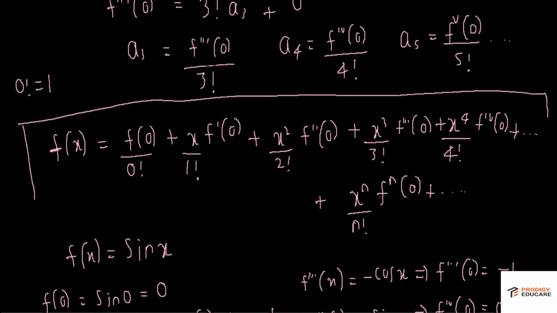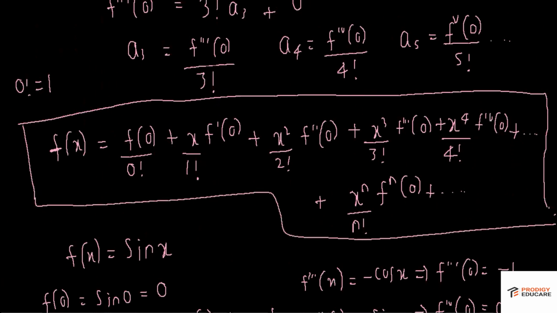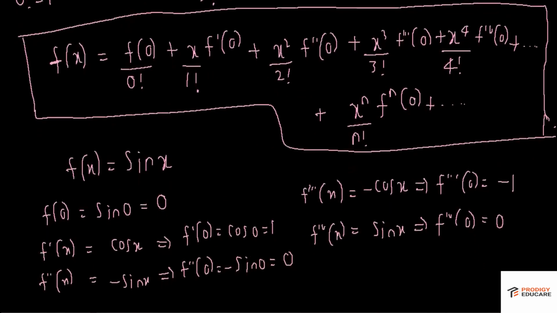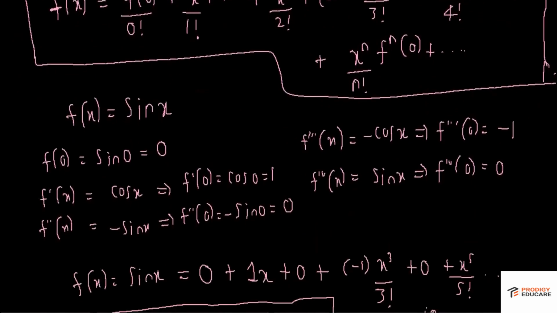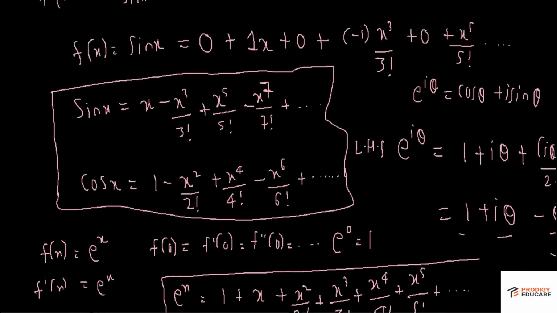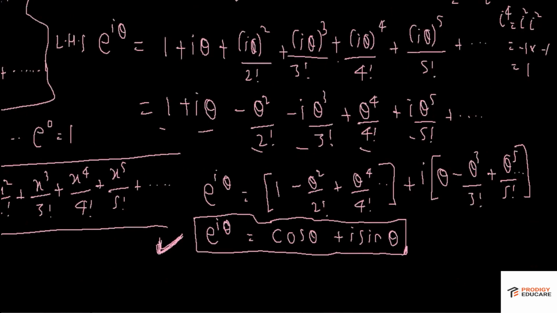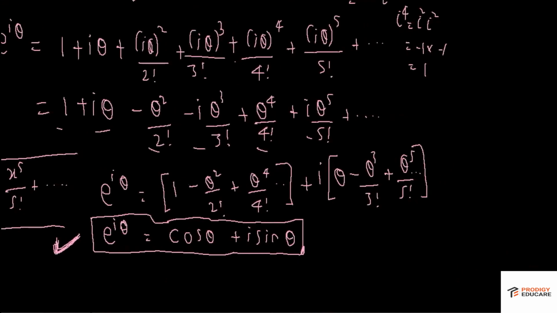Just memorize it, guys. It is a very important and very useful formula. Then we used this formula for deriving the series of sin x, cos x, e raised to x, and from that we arrived at the derivation of this great formula, which is e raised to i theta as cos theta plus i sin theta.